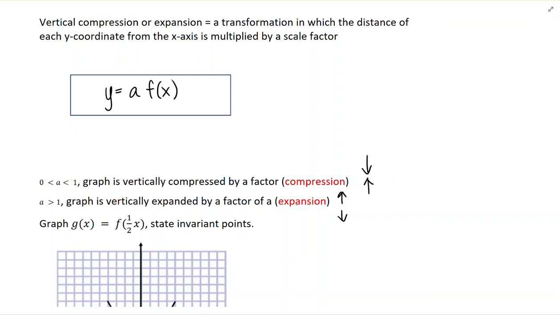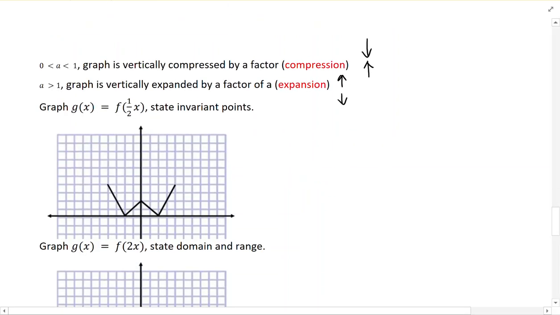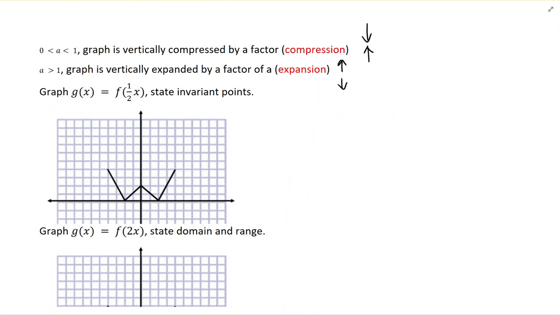Okay, so moving down here. In this next example, we see that we have a value in front of the x. Thinking back to when we had a negative sign in front of the x, we just multiplied the negative to the x value. However, when you have a scale factor affecting the input, then things are slightly different.